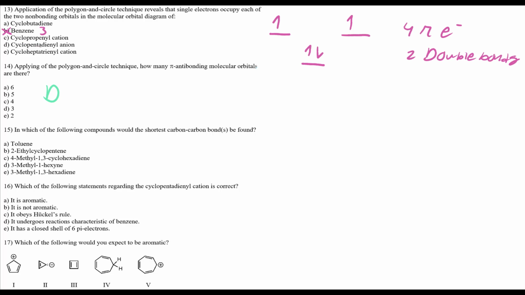So, what can we do? What if I did this? Okay, well, you're saying that this is what? Cyclobutadiene. Well, does that make sense? So we have something like this. Okay, so that's 2 bonds, and there are 4 platforms. That's pretty good, actually.